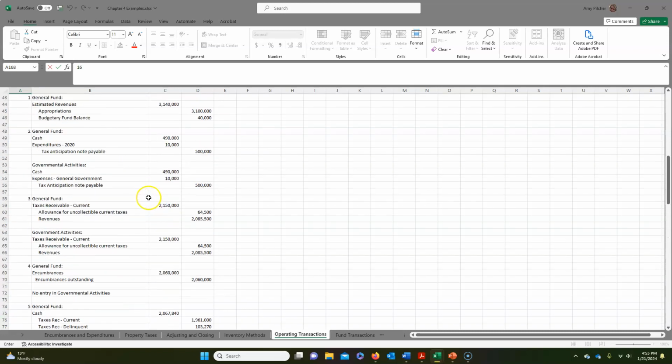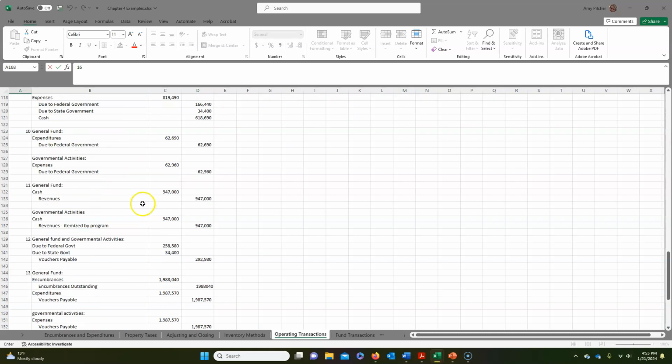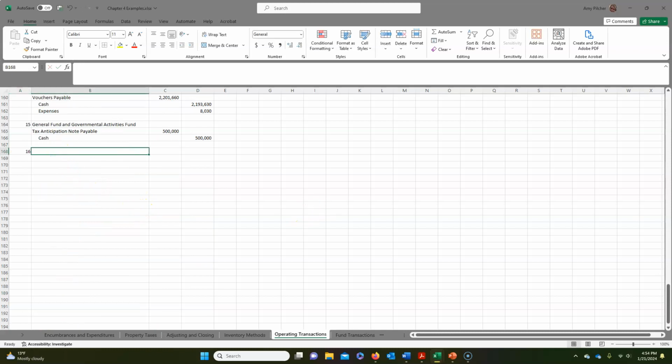On the 16th, we have all of our unpaid taxes became delinquent. 2 more transactions. So on the 16th, we're going to record that we had delinquent taxes. So we have our general fund. Taxes receivable, current, and you can combine this.